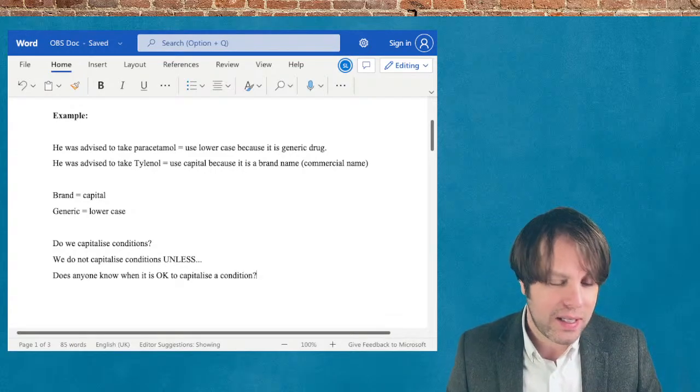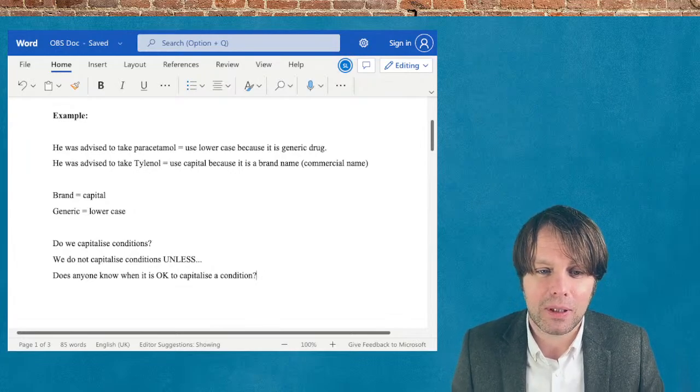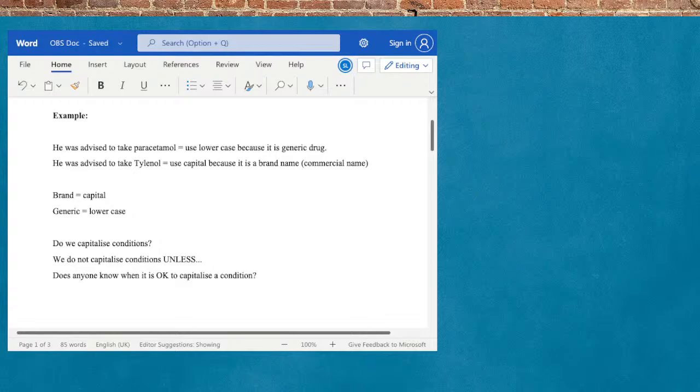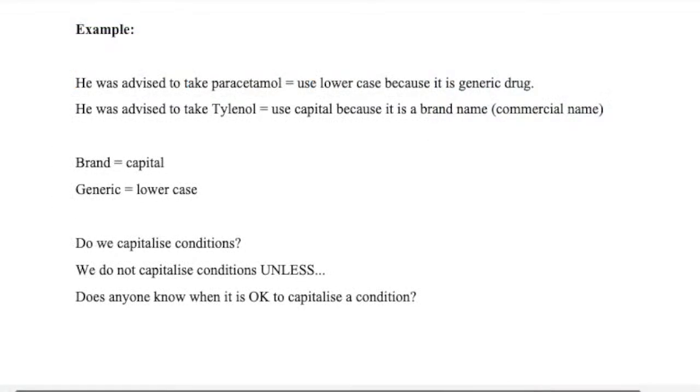I want you to type in a condition that requires a capital letter. Usually we do not, but there is an exception, or there are exceptions.